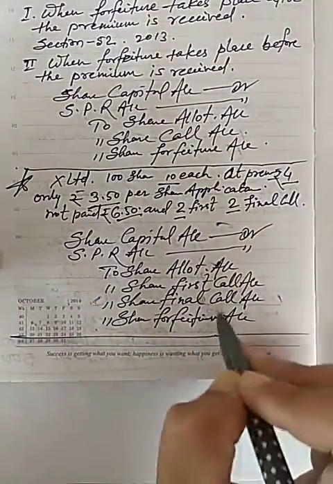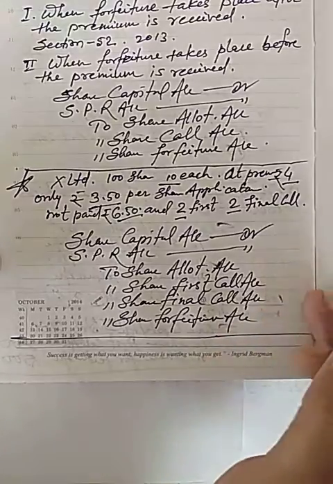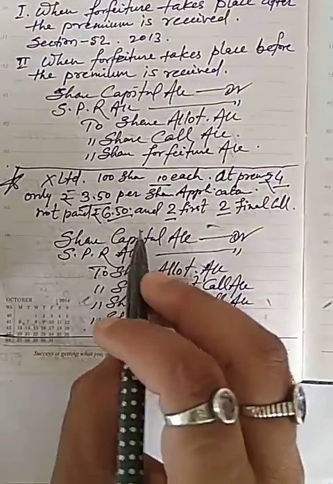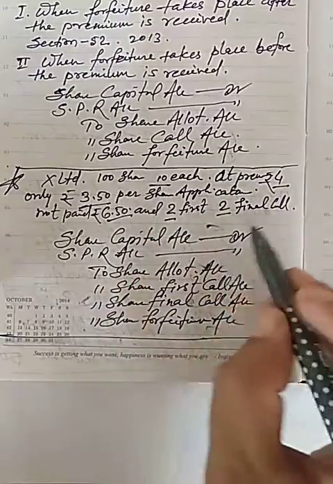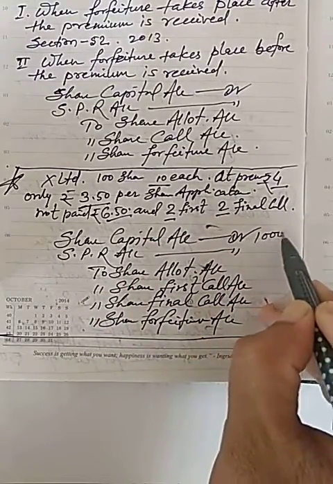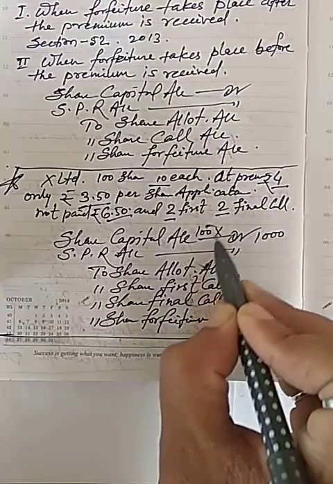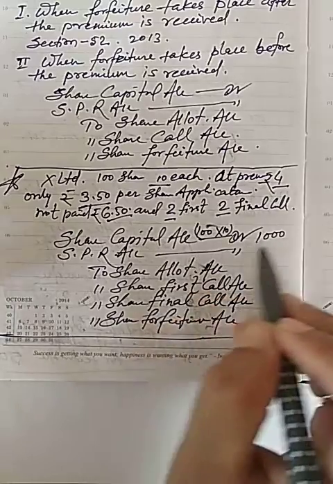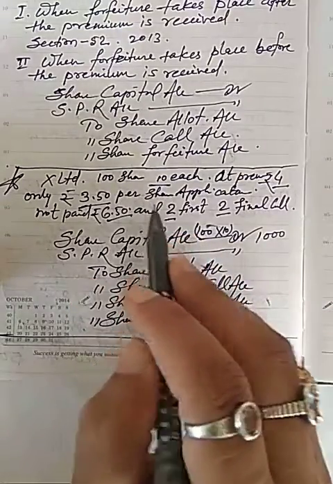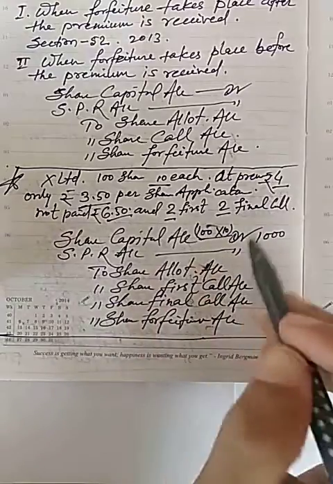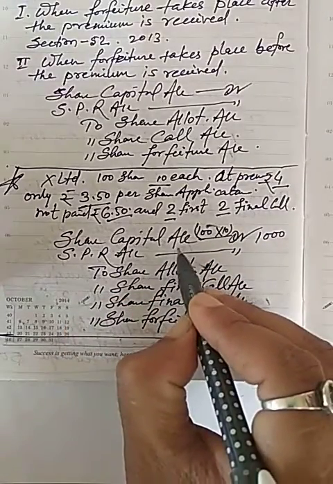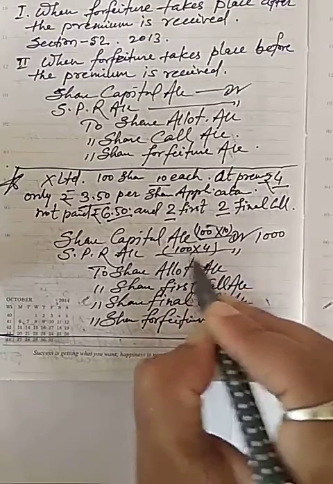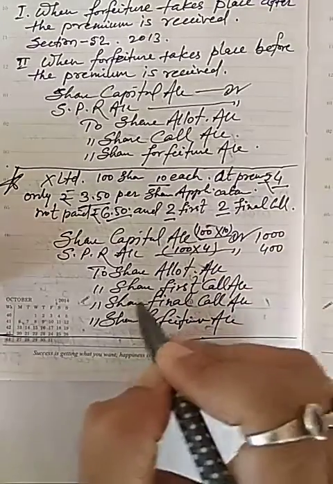Now I will put the amount. At the rate of 10 each on 100 shares, 1000 rupees in share capital account, because I have called up all the calls, and securities premium 100 into 4, it will be 400.